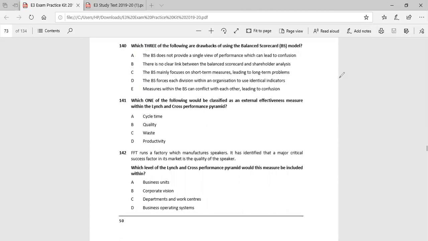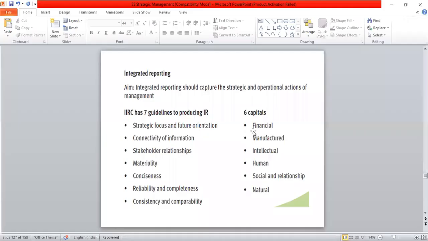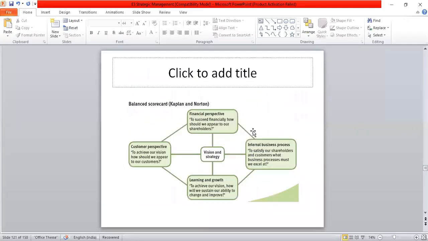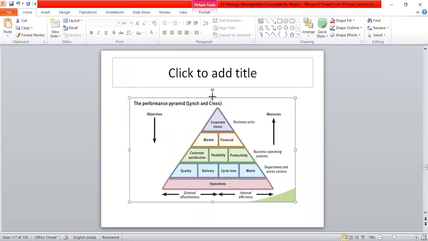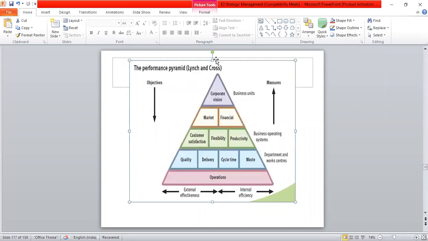Which one of the following would be classified as an external effectiveness measure within the Lynch and Cross performance pyramid? Let me put that slide to you so that you can have a look. Okay, this is the performance pyramid by Lynch and Cross. Okay, let's get back to the question.